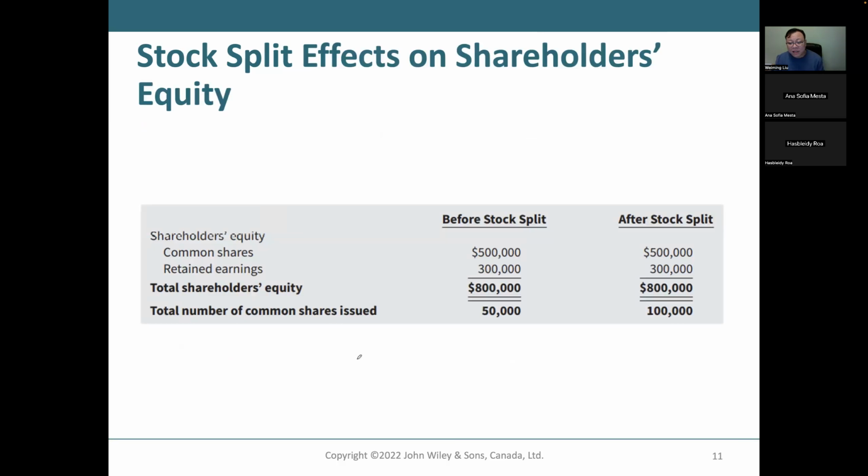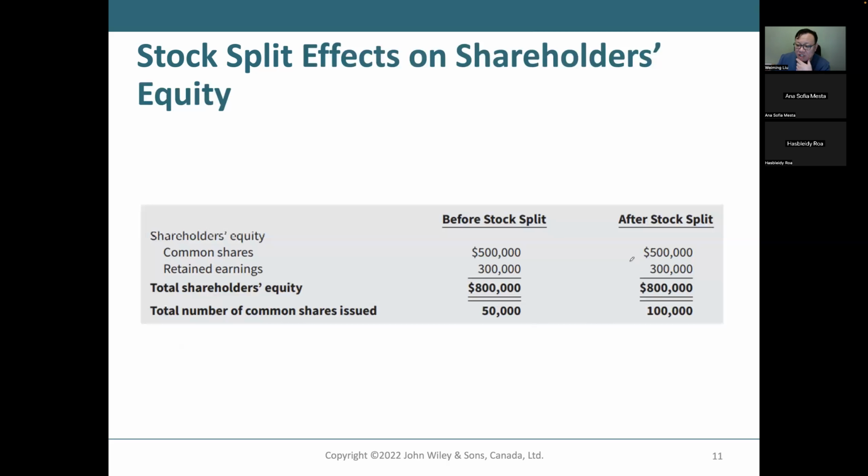So now let's take a look at what happened before and after the stock split. We're using the same example. This is the 1-2 split. They used to have 50,000 shares. When we do a 1-2 split, the number of shares will be doubled, so the new number of shares is 100,000.